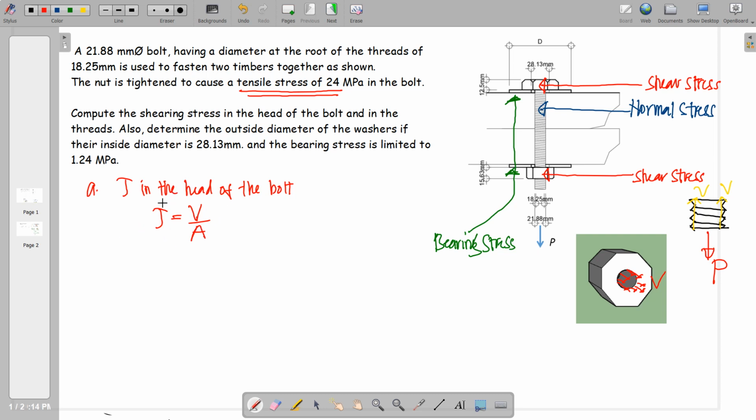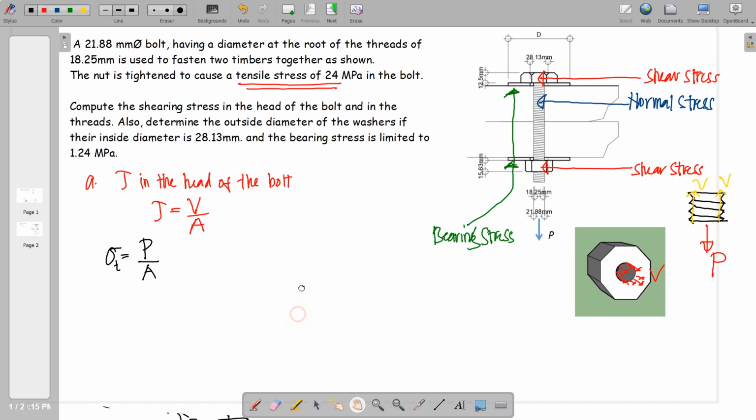So before we can work with this one, we first determine our P by using the normal stress formula, and this is tensile.